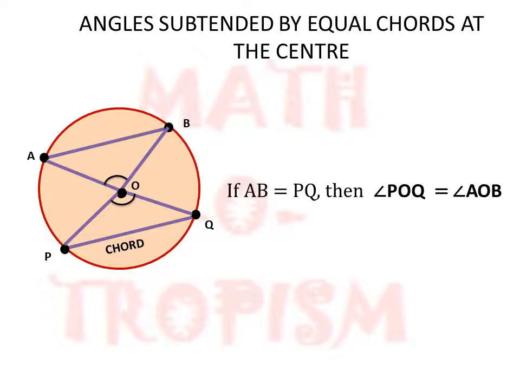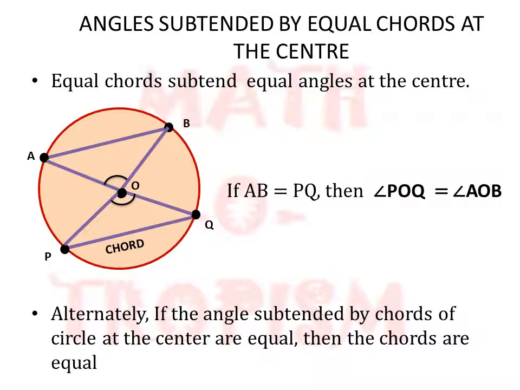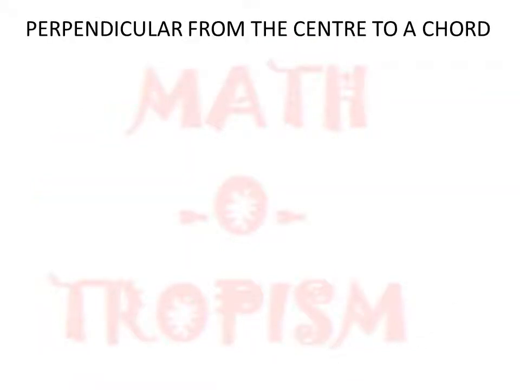So it means if AB is equal to PQ, then angle POQ will be equal to angle AOB. So equal chords subtend equal angles at the center. Alternately, if we know that the angles subtended by the chords of a circle at the center are equal, then both the chords are equal.